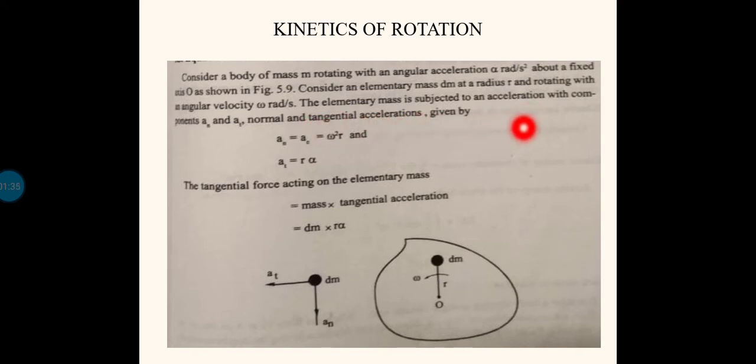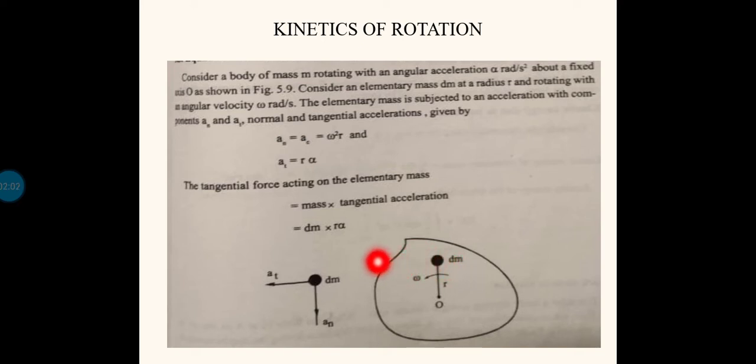As I have already explained in part 1 or 2, I don't remember which part it is. Anyway, the acceleration has two components. One is along the normal direction, and the other one is along the tangential direction. If the motion is circular, that means if you draw a normal to the tangent, the normal will pass through the center of rotation.